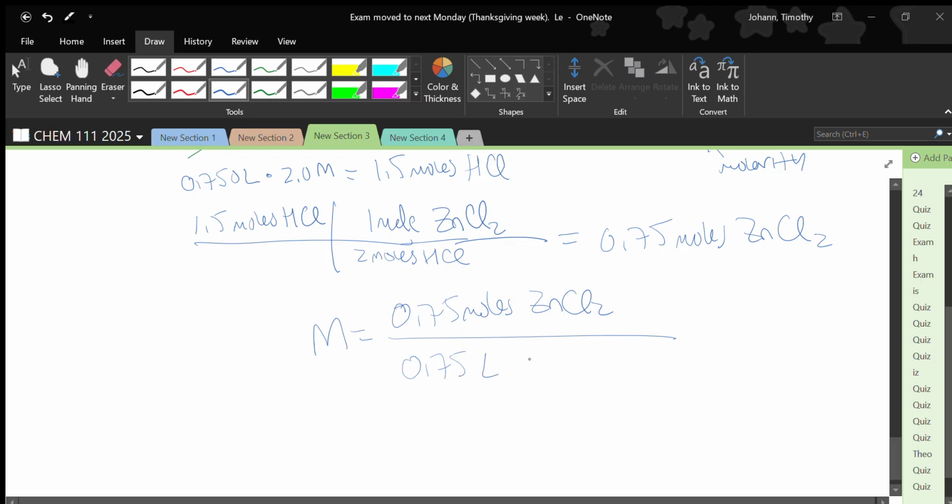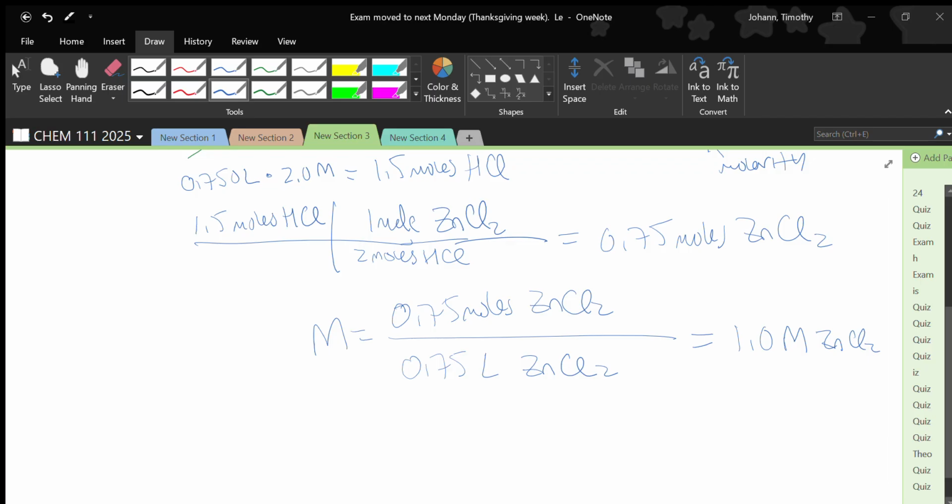There can be other things in that solution as well. That's going to be 1.0 molar zinc chloride. Does that make sense?